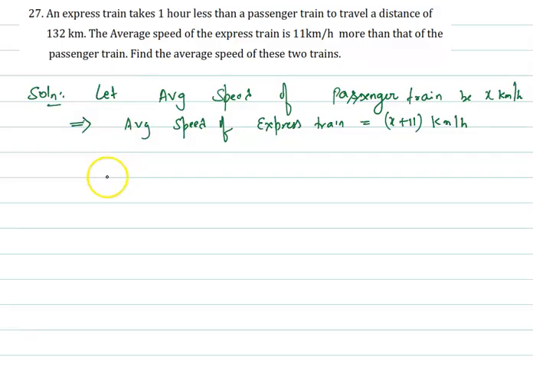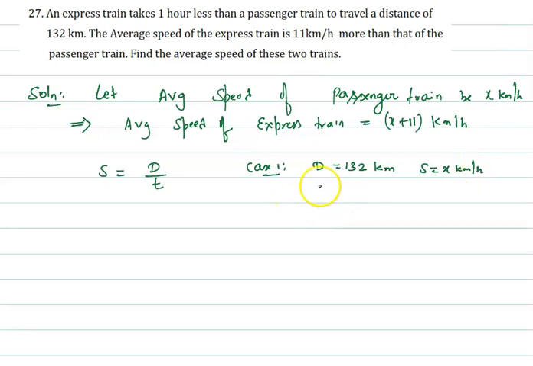We all know a relation between time, distance and speed. So speed is equal to distance by time is the relation. I will use it in the same format, speed is equal to distance by time. In case 1 we are traveling a distance of 132 km, speed is equal to x kilometer per hour.